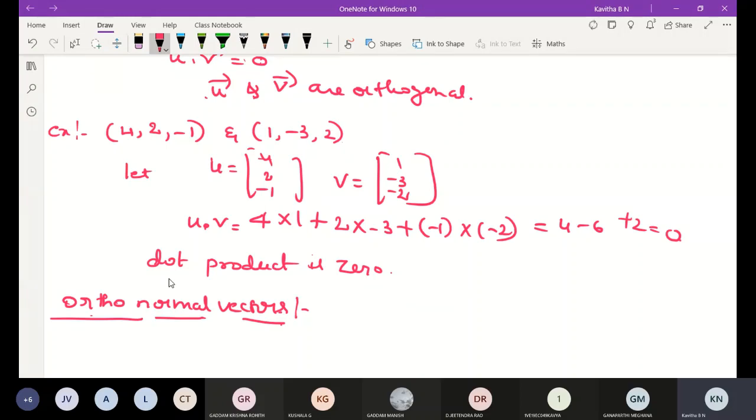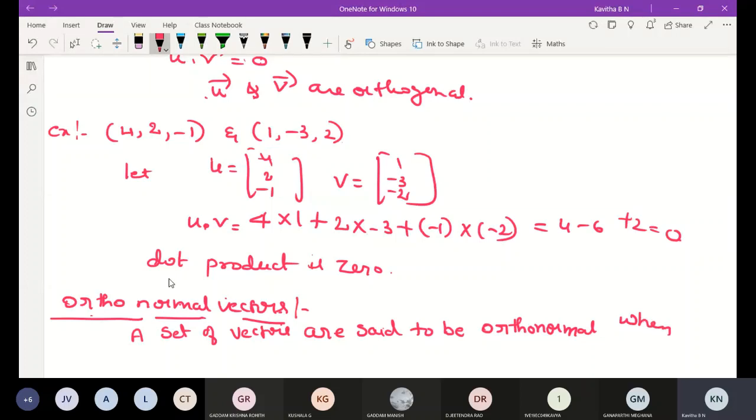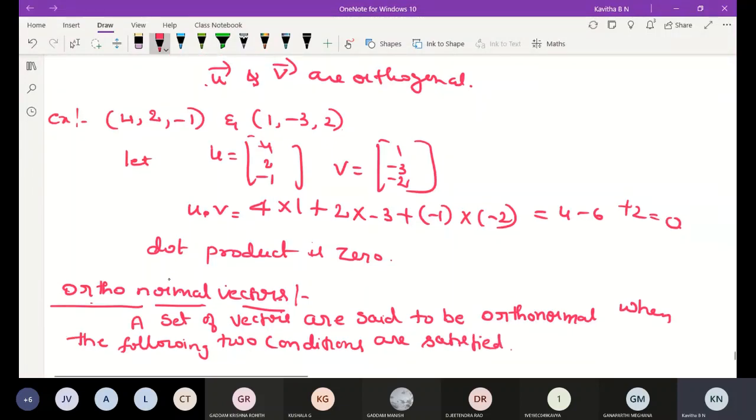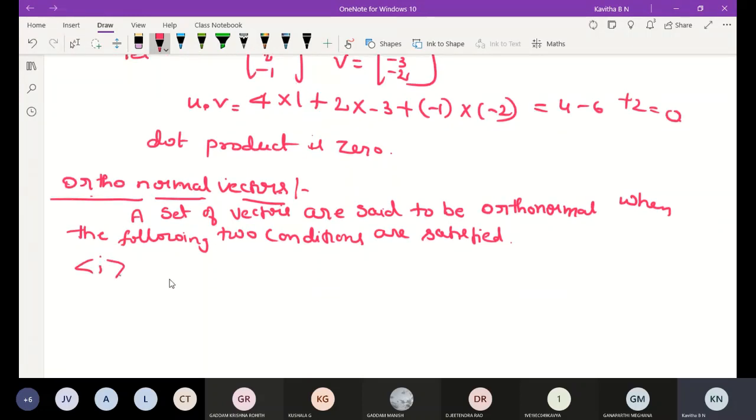First, the length of the vector must be unit.